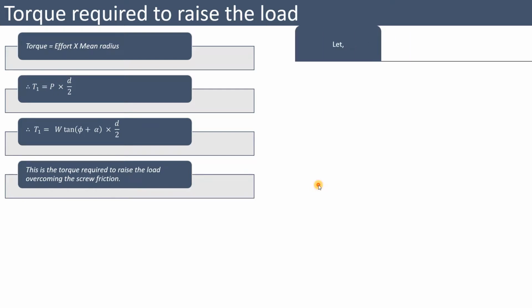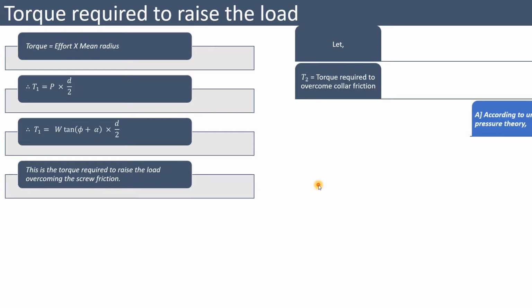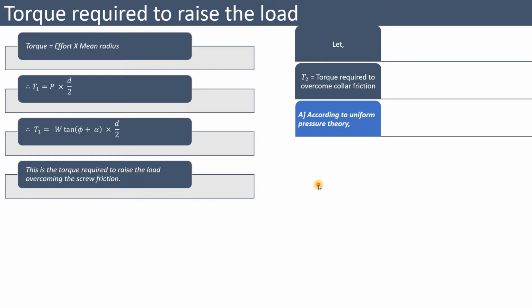Now let T2 is equal to torque required to overcome the collar friction. Now collar surface is nothing but the surface on which the load is resting. So that is the static friction that also we have to take into consideration. And if you remember in theory of machine, we have derived that there are two conditions for that. One is uniform pressure theory.